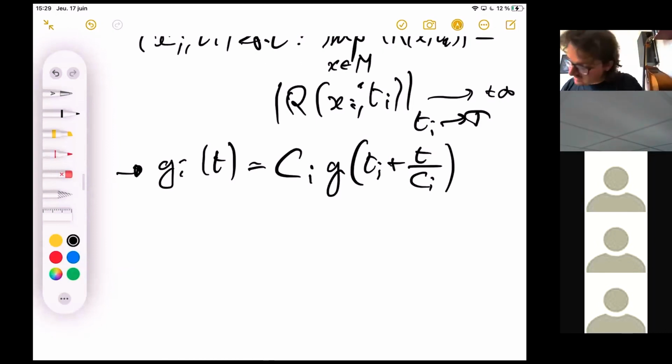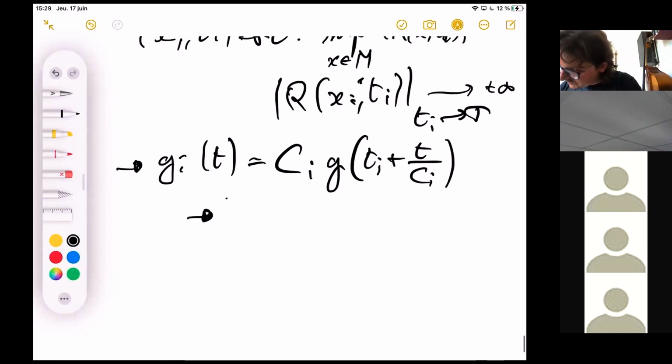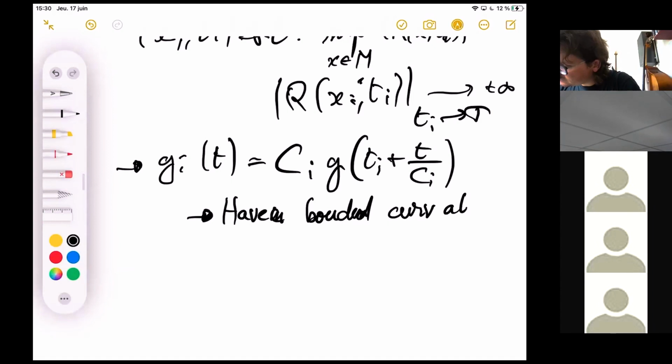Then what do they satisfy? They have bounded curvature at t equals 0, and it's bounded by 1.